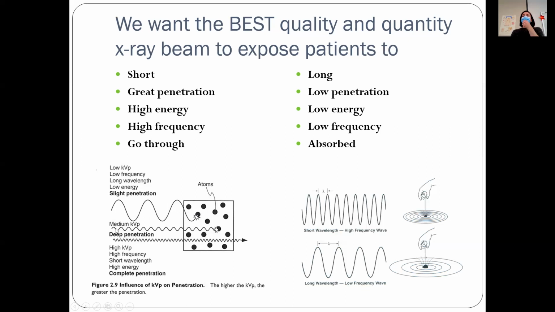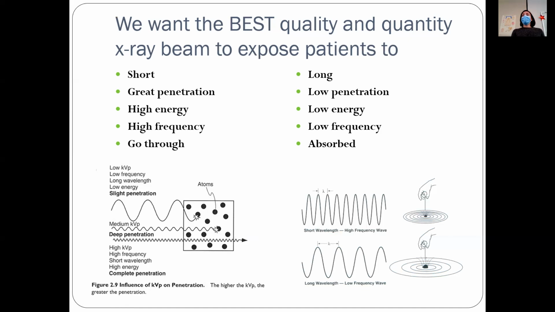Then we come down to a medium one. The KVP has increased, the power has increased, and it's a little bit tighter, a little bit faster, and it gets farther through the cheek, but still gets absorbed in the cheek. And then a deep penetrating beam, where the KVP is where it should be. We have the optimal amount of power, and it's creating nice, tight, short wavelengths, high frequency, good penetrating, goes all the way through the cheek to the teeth, and then to the sensor potentially.